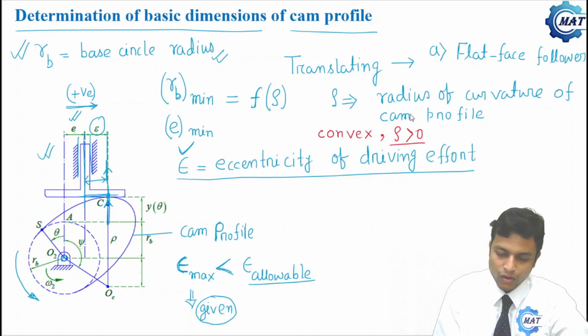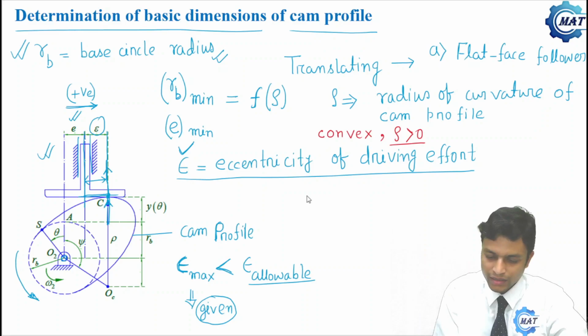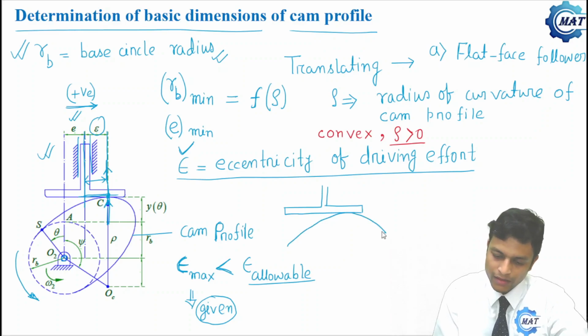Because the contact stress depends on the value of rho. If this is the flat face follower and this is the cam profile, here a contact stress will be developed. The rho for the follower is infinity.